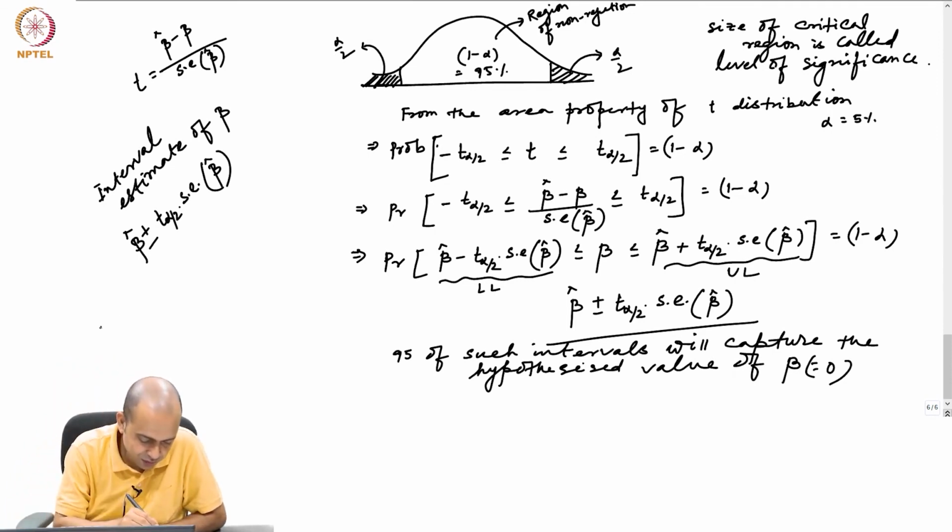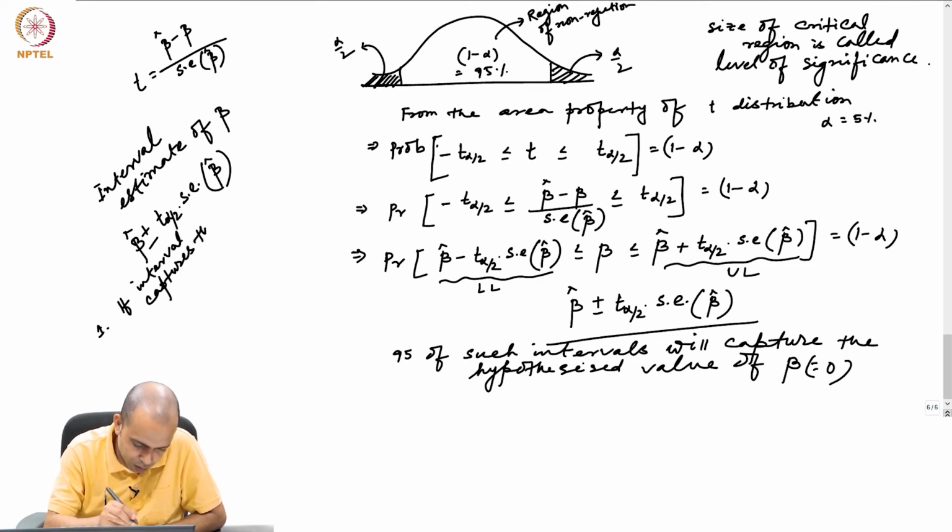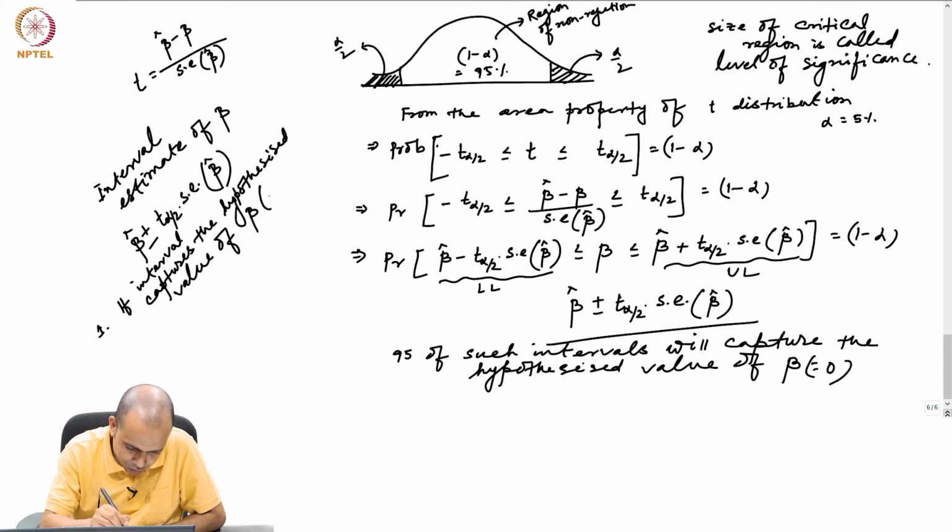If interval captures the hypothesized value of beta, which is equal to 0, then reject H, no, sorry, do not reject H naught.